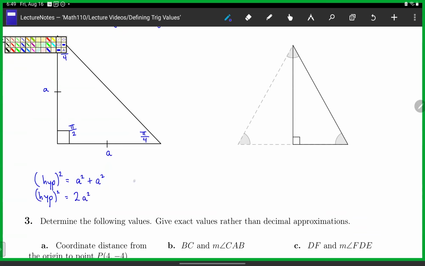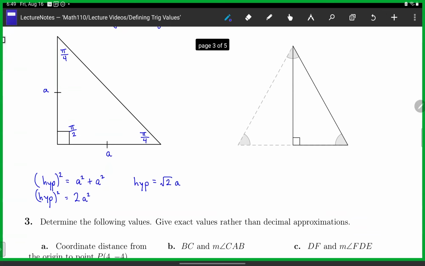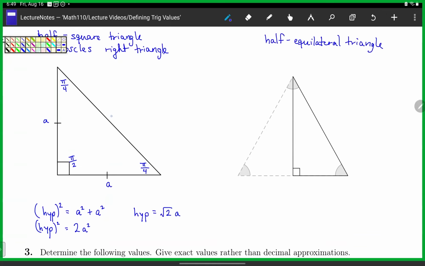So the hypotenuse is the square root of 2 times the side length a, or I often write it as a times the square root of 2. So square root of 2 is approximately 1.4. So whatever the side length is of the two legs, the hypotenuse is approximately 1.4 times that side length. That's true of all of these isosceles right triangles.